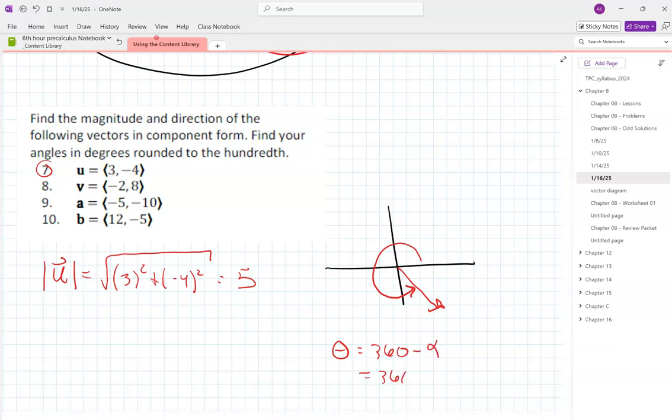And my alpha is always going to be tan inverse of the absolute value of my y coordinate over my x coordinate. And then it's just calculator time. Does that feel good? Okay. You might have to do those things on the quiz today. Calculate a magnitude and a direction. Just saying.